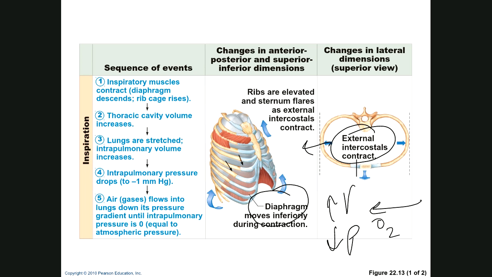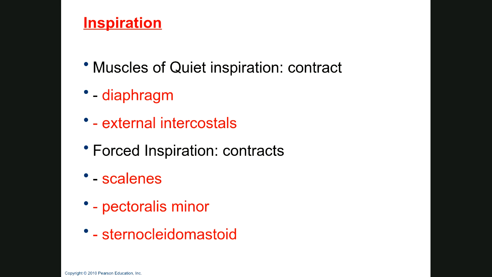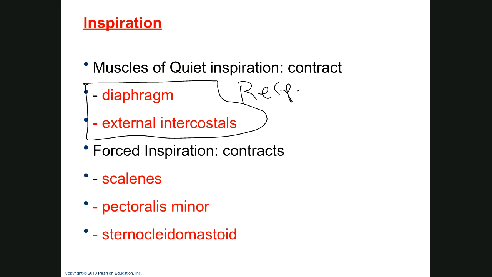And obviously the pleura is helping with that too. So the two muscles involved are the diaphragm and the external intercostals. And you should definitely know that. These are called the respiratory muscles. And to be more precise, these are the muscles of quiet inspiration, so when we're breathing in normally.